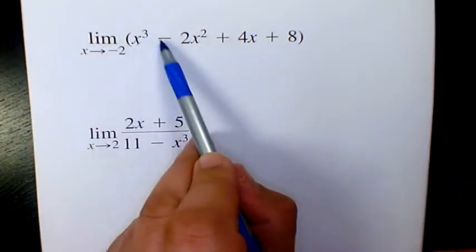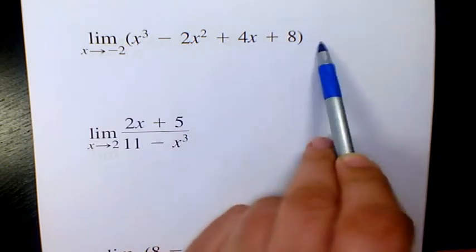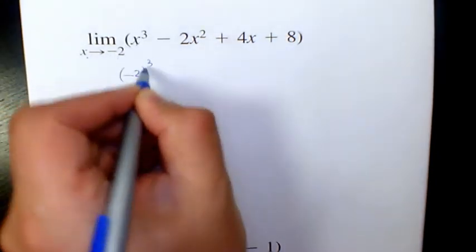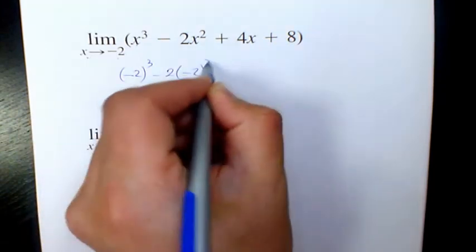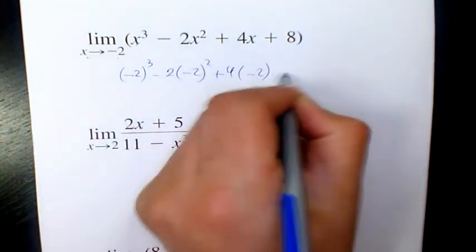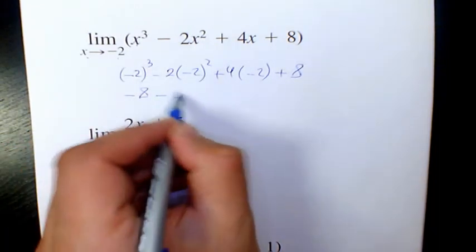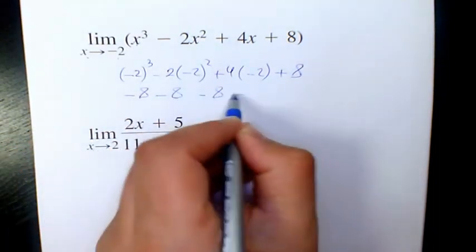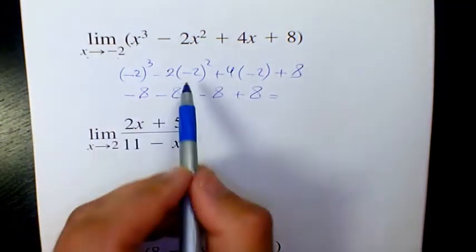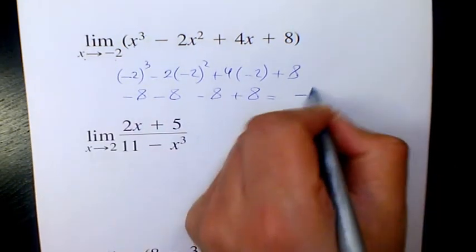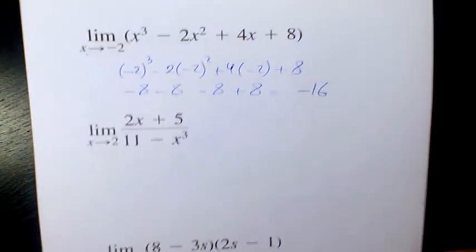Limit of x³ minus 2x² plus 4x plus 8 when x approaches negative 2. Negative 2 to the power of 3 minus 2 times negative 2 to the power of 2 plus 4 times negative 2 plus 8. So it is going to be negative 8 minus 8 minus 8 plus 8. So these two cancel out. It's going to be negative 16.